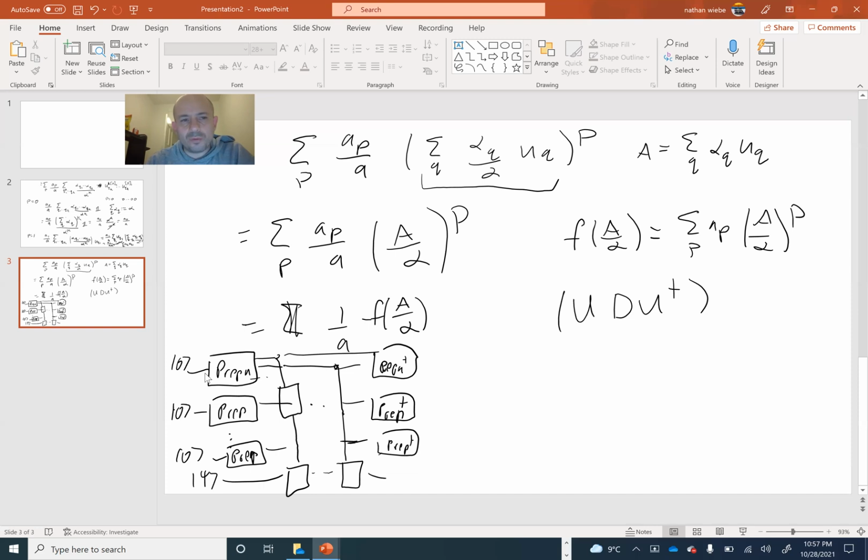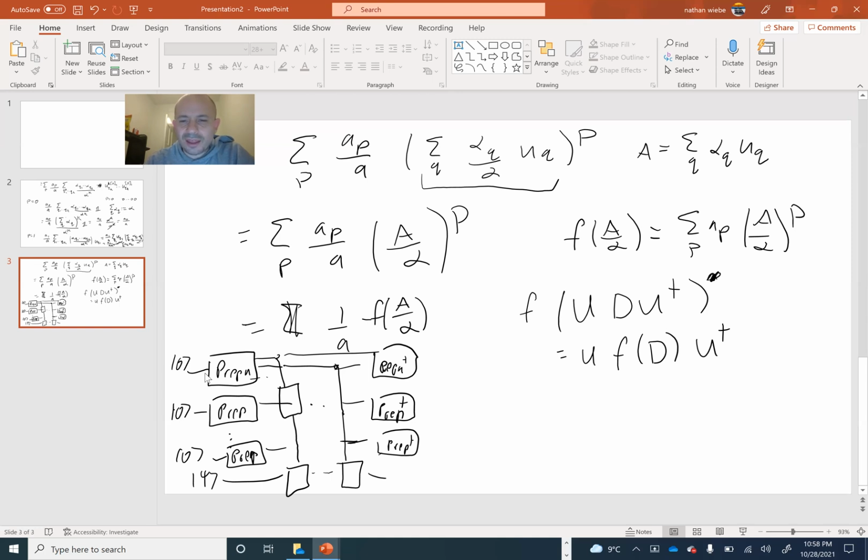And so if we raise one of these matrices to a particular power, or more appropriately, if we consider a function of this, then the function is defined as a function of the diagonal matrix, with U transpose happening here.